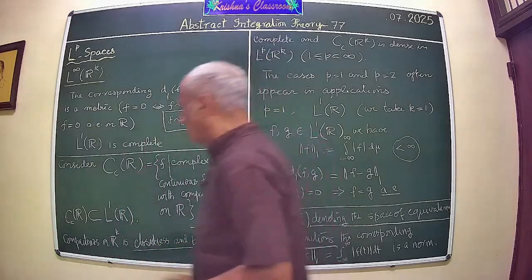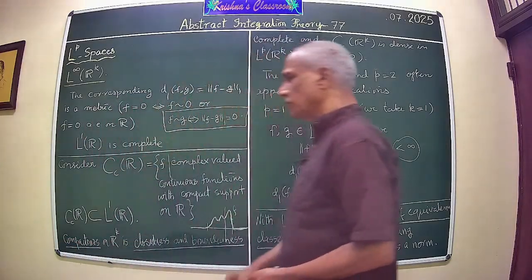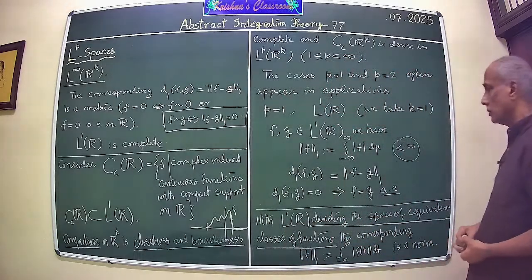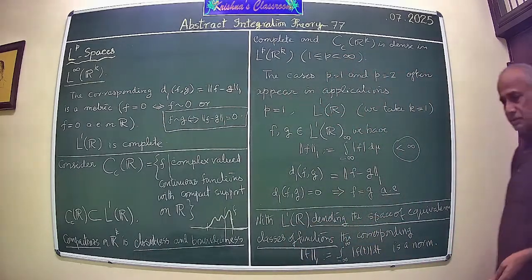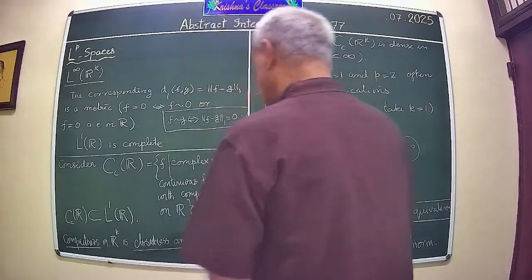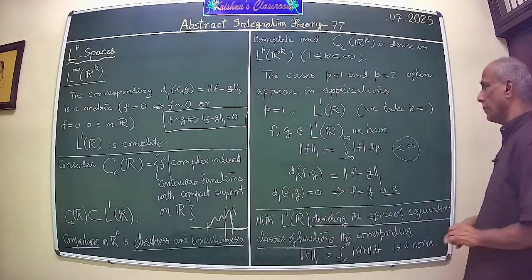That is the equivalent form of compactness on R^k. It's a beautiful theorem. So that's the characterization of compactness.